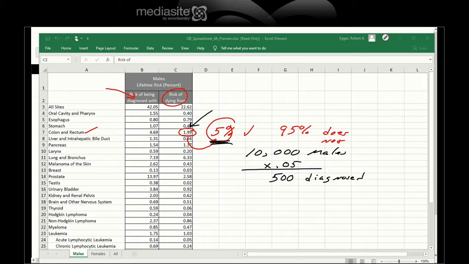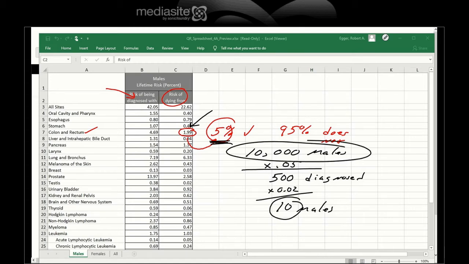And of that 500, 2% of those 500 may very well die from cancer, which is 10 males. So in reality, 10 out of 10,000 may die.